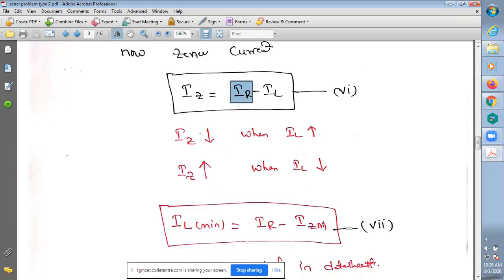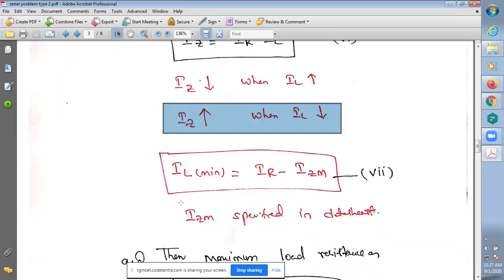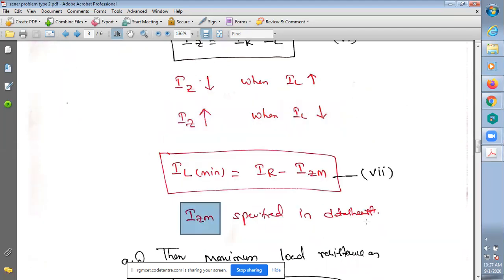Now from that, I am calculating the minimum load current. Using this relation, IL decreases at one point where we are considering the minimum current. IL minimum is equal to IR minus the maximum Zener current IZM, which is specified in the data sheets.